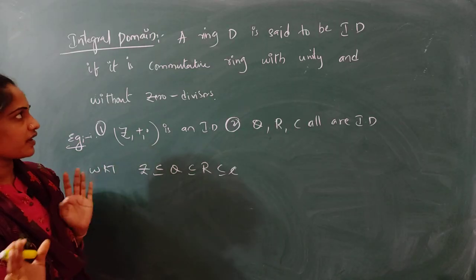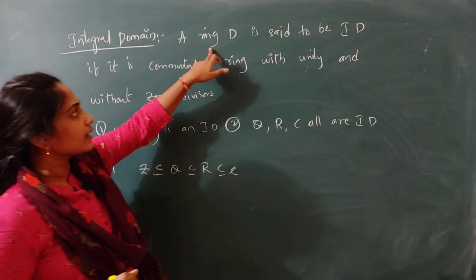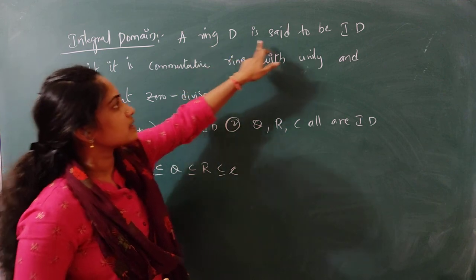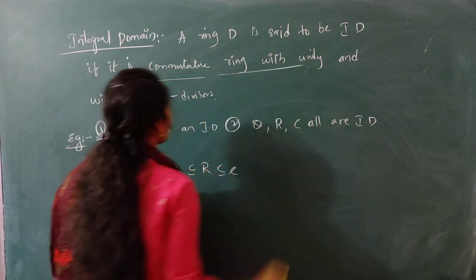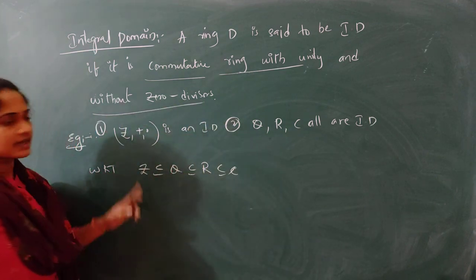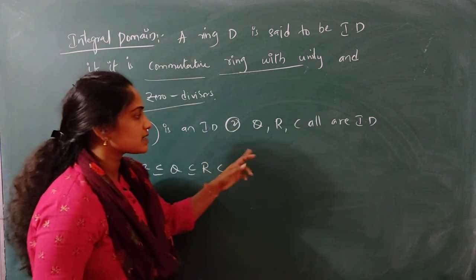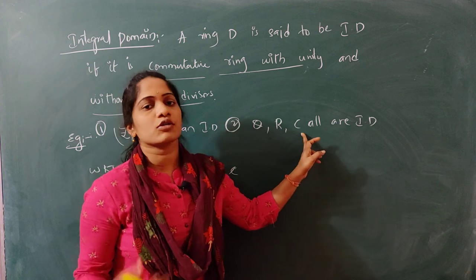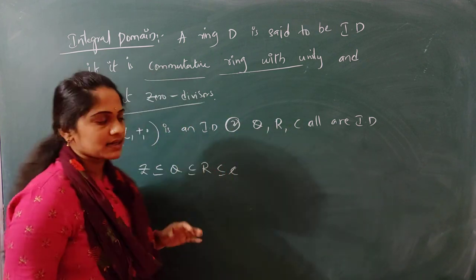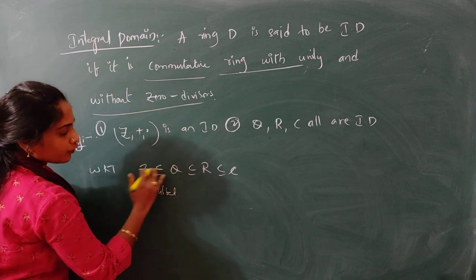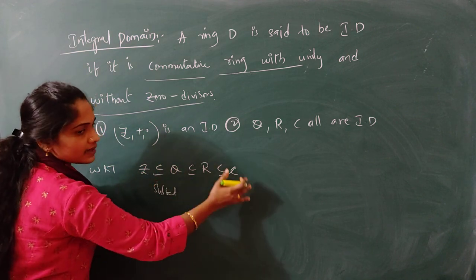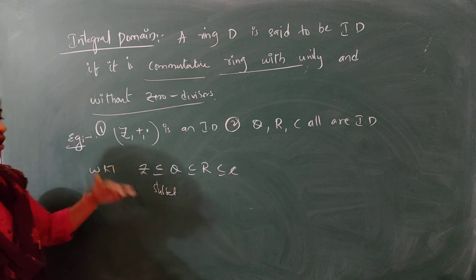Now let's see the definition. Integral domain: a ring D is said to be an integral domain if it is a commutative ring with unity and without zero divisors. The example is Z. Similarly you can say that Q, R and C are also integral domains. How? Z is a subset of Q, and Q is a subset of R, and R is a subset of C. They all are subsets.